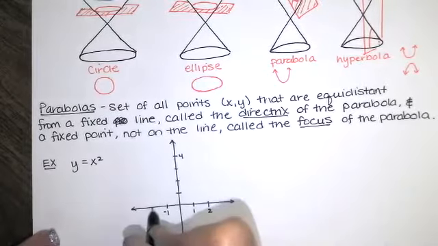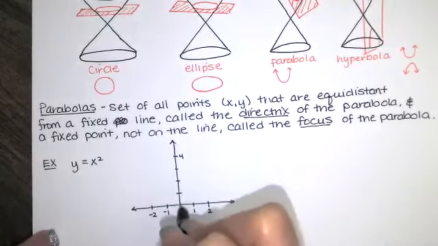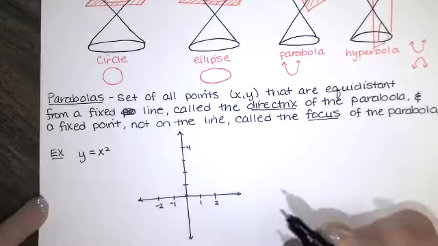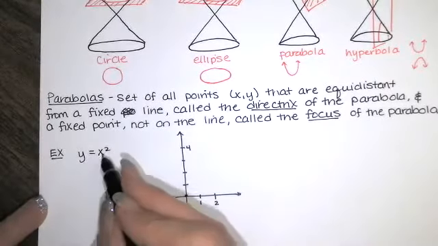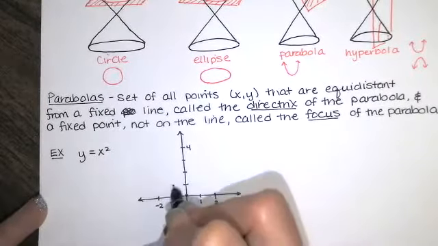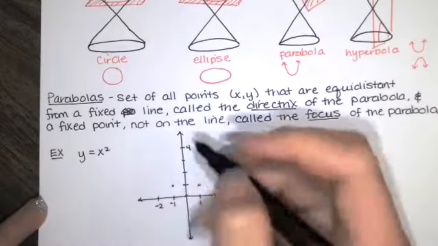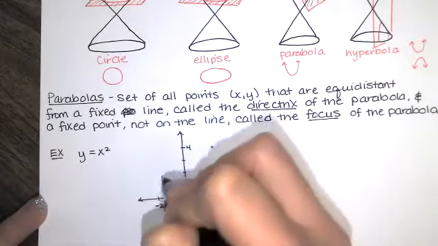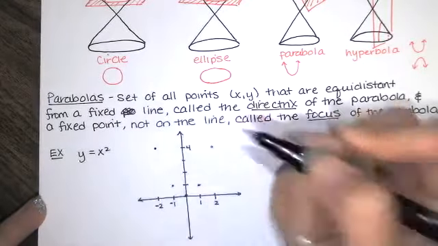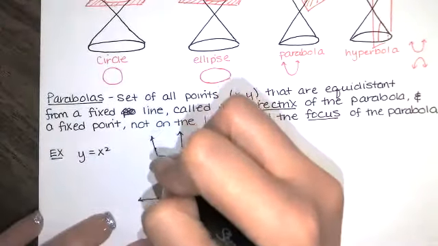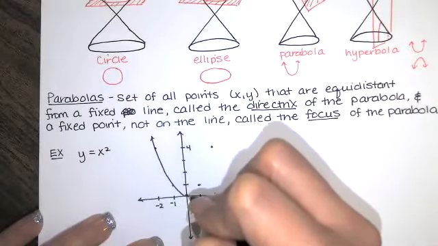Trying to keep everything to scale, it's kind of hard to do. When x is 0, y is 0. When x is plus or minus 1, positive or negative 1 squared is 1. Positive 2 squared is 4. Negative 2 squared, that's negative 2 times negative 2, is also 4. So we get this.